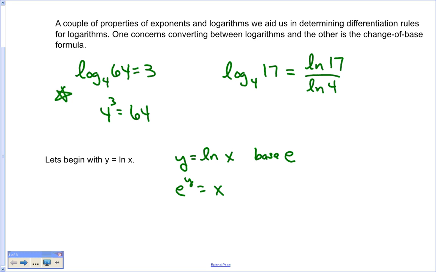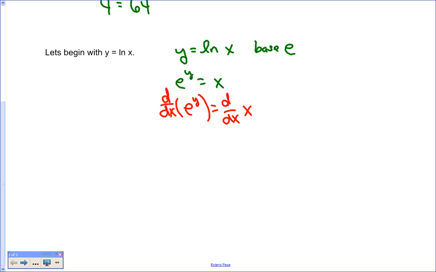And now we can differentiate both sides. So if we take the derivative of e to the y and the derivative of x, let's see, the derivative of e to a power is e to that power. So it's going to be e to the y times the derivative of the exponent. The derivative of y is 1 dy dx.